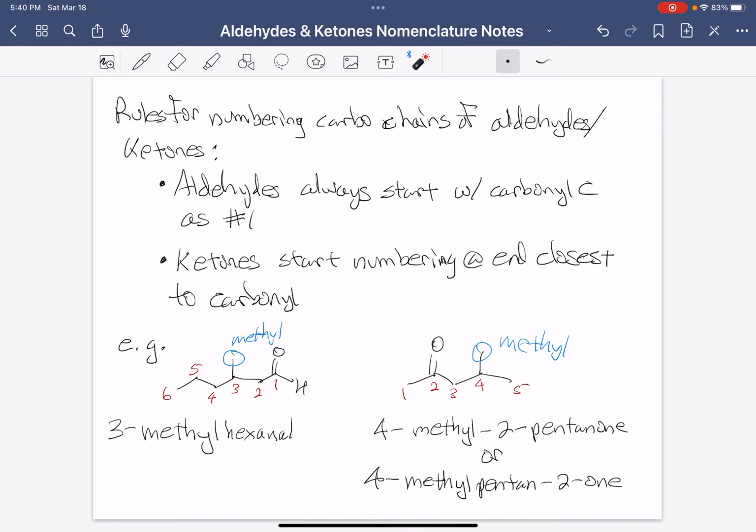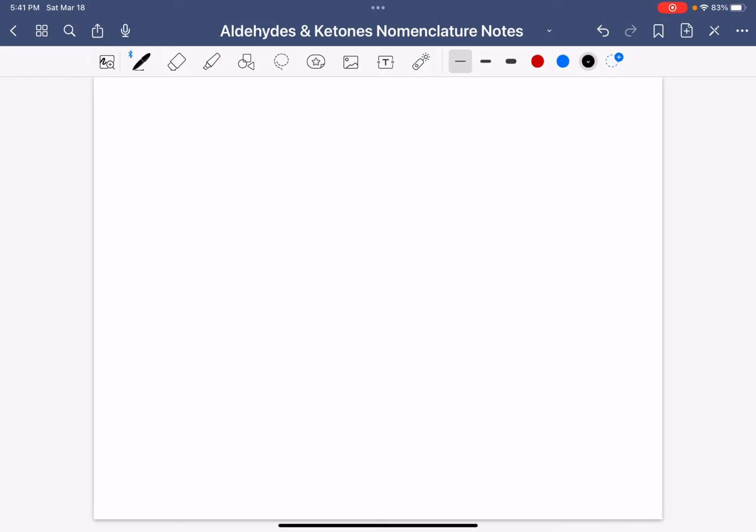So if we have multiple functional groups, certain groups have higher priorities. Let's just take a look at this one.